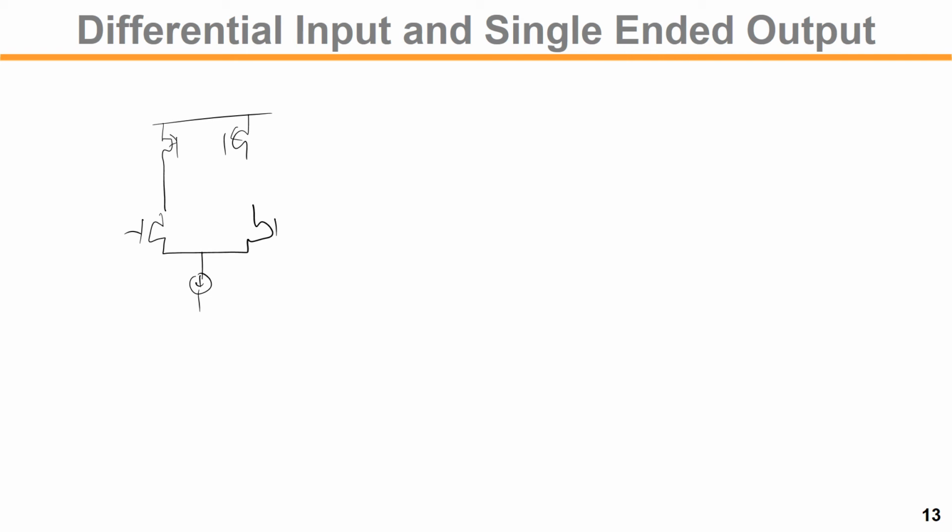Let's use the arrow notation. So for VB bias, you only take the output, right? This is the case, and the one that we just learned is the current mirror load, right? Like this.